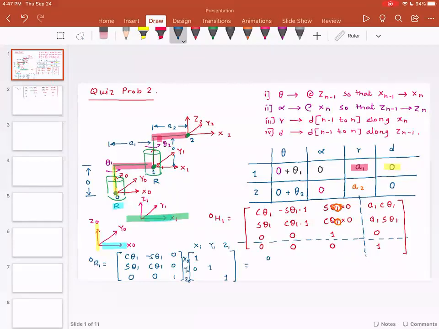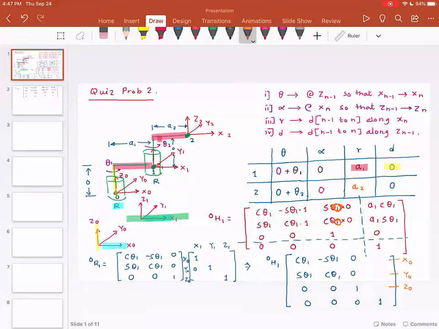So your 0h1 matrix will be of the form cosine theta 1, minus sine theta 1, 0, sine theta 1, cosine theta 1, 0, 0, 0, 1, 0, 0, 0, and you will have 1 over here. Here, in the last column, you are going to have distances along x0, y0, and z0.